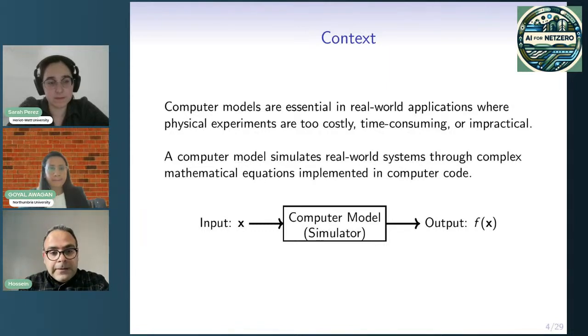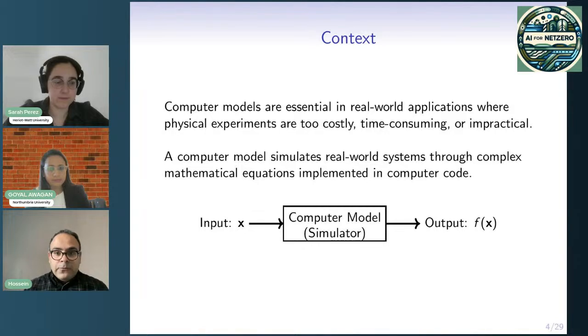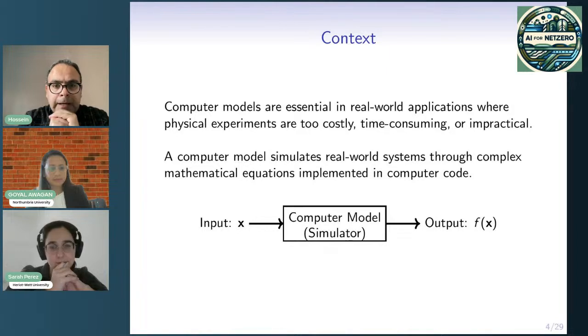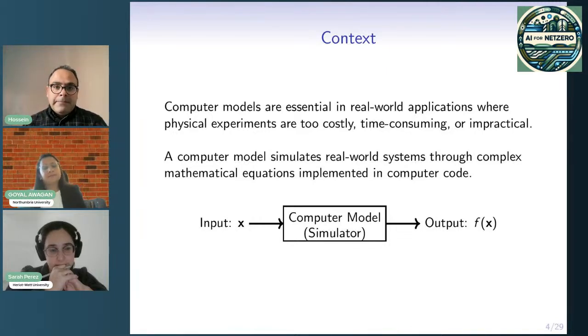A computer model typically takes a set of input parameters denoted by boldface X and produces some output quantity of interest denoted by f of x.